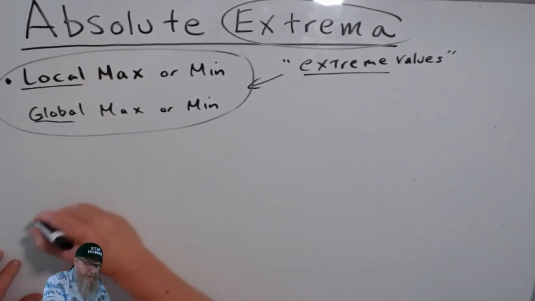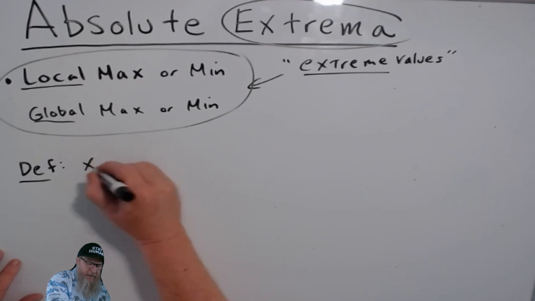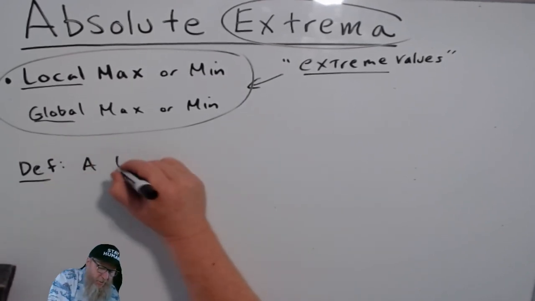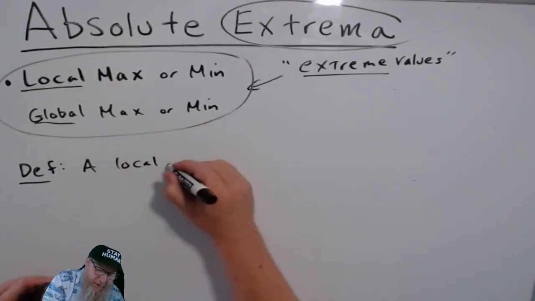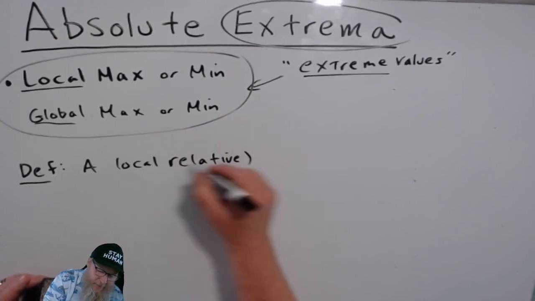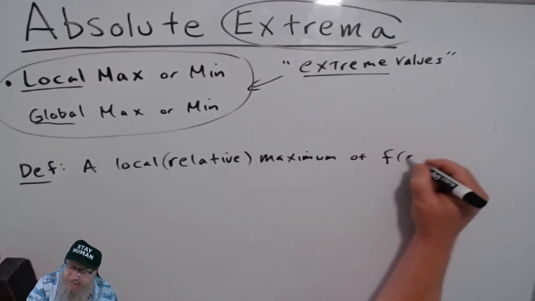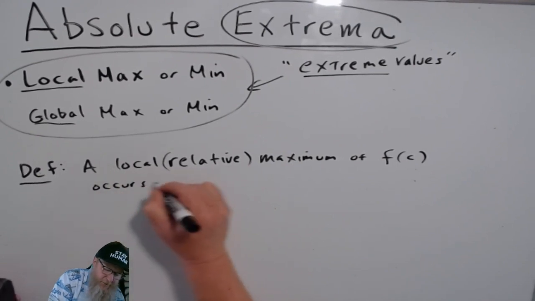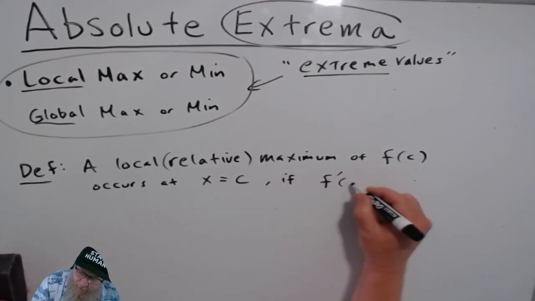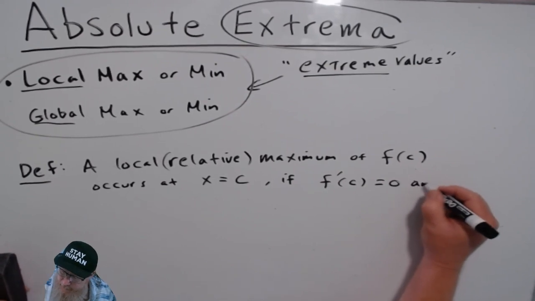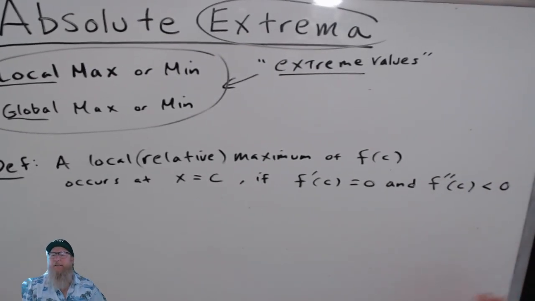So let's start with a maximum. A local max, also known as a relative max, a maximum of f of c occurs at x equals c if f prime of c is equal to 0 and f double prime of c is less than 0.